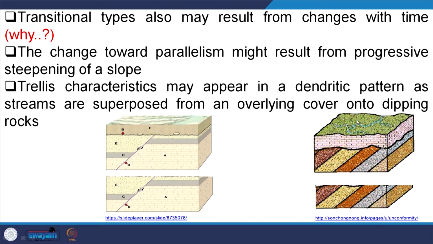So, I want to say a particular drainage pattern in a particular area can give you clues about what type of structure lies beneath, what type of lithology lies beneath, whether it is a tectonically stable area or not, and whether climatic change has affected this drainage pattern or not. Obviously, tectonics and climate, combinedly or independently, affect the drainage pattern of an area.